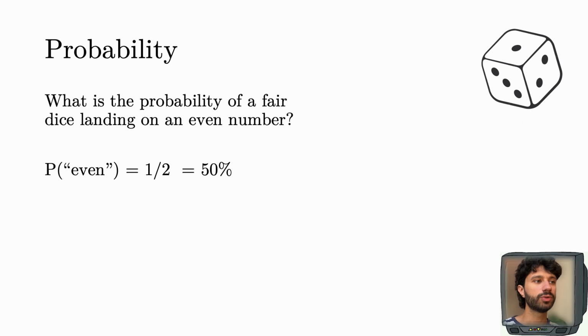Maybe it's a little bit intuitive for you, but the probability that it lands even is 1/2, so it's around a 50% chance. If you don't immediately see this, think that there are 6 sides to the dice, and there are 3 even numbers, 2, 4, and 6. So the probability that it lands on 2, 4, or 6 is going to be 1/2. And we're going to make that more precise too as we go on.